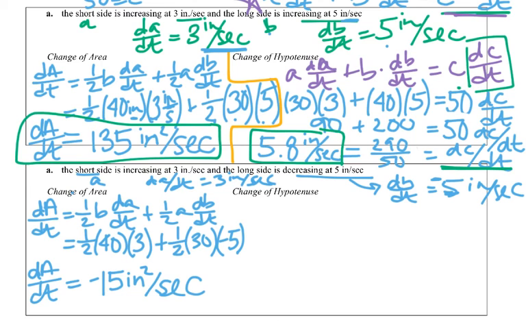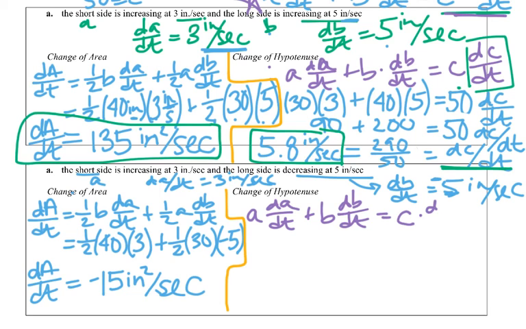Okay, so that went pretty quickly this time. On to change in hypotenuse. Let's use a different color. There we go, we'll use purple. Okay, change in the hypotenuse. We have this formula up here still. I'll rewrite it. So A times dA/dt plus B times dB/dt equals C times dC/dt.